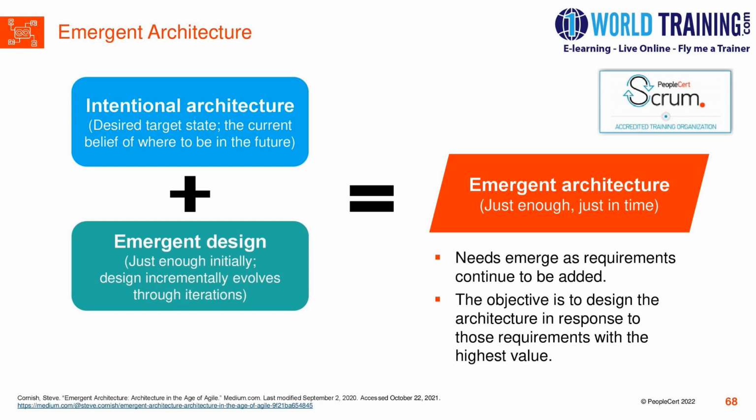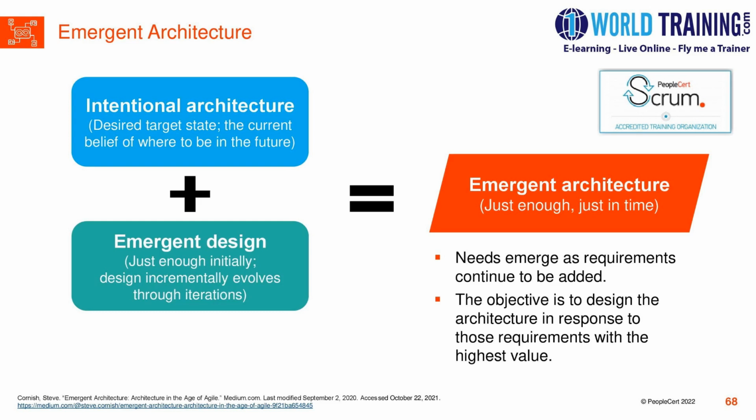As we discuss, the requirements in Scrum keep on emerging, so we should be embracive of addressing those through the likes of emergent architecture. So as the design changes, our architecture should be able to accommodate those changes.